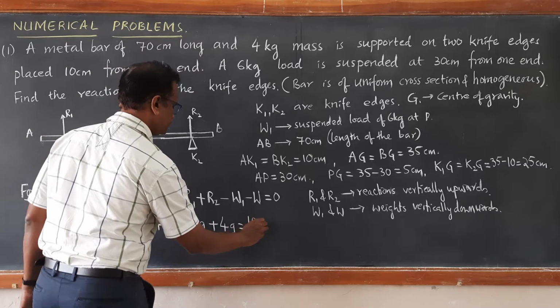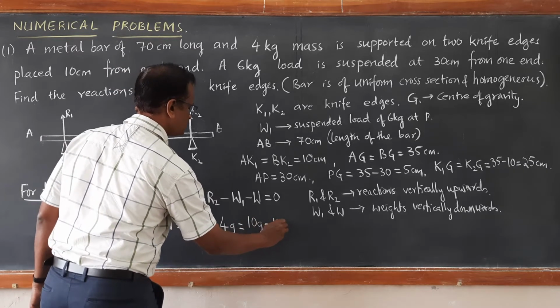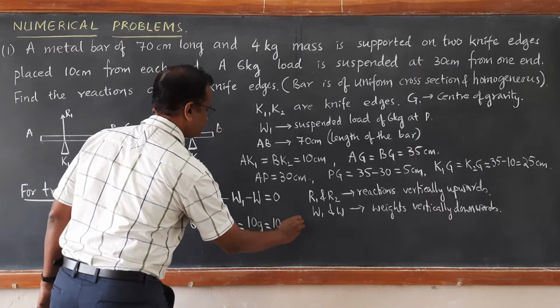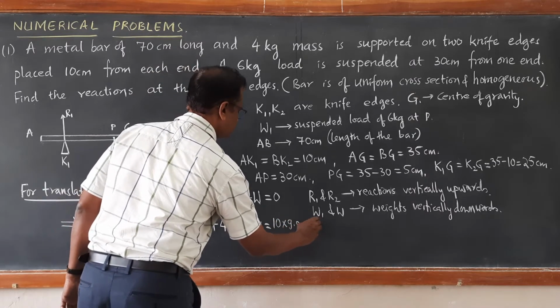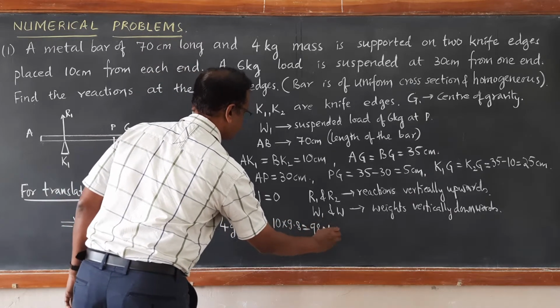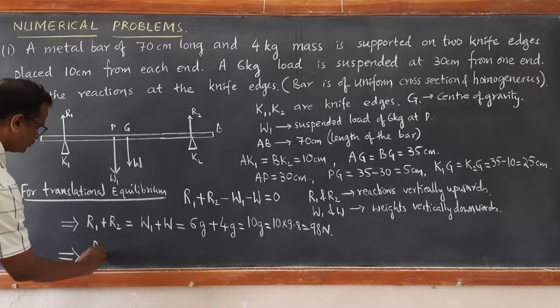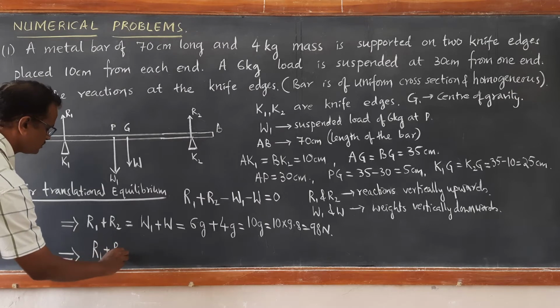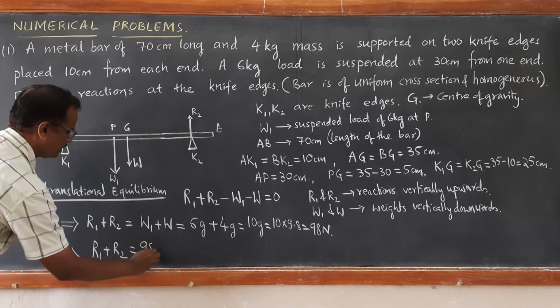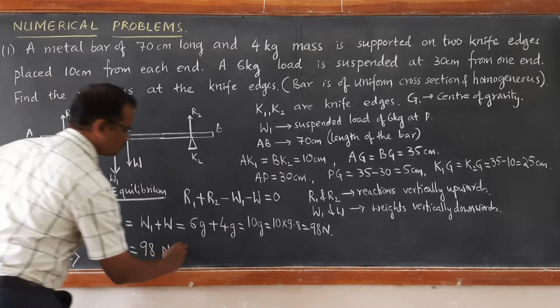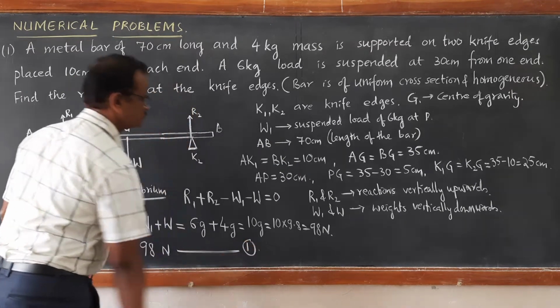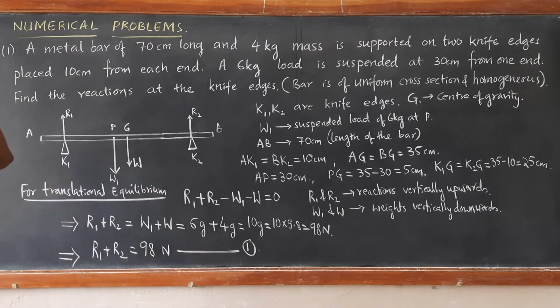So it becomes 10 into g, that is 10 into 9.8, which is 98 Newton. Thus R1 plus R2, the sum of the reaction forces, is equal to 98 Newton. Call this equation 1. In the same way we can apply the condition of rotational equilibrium.